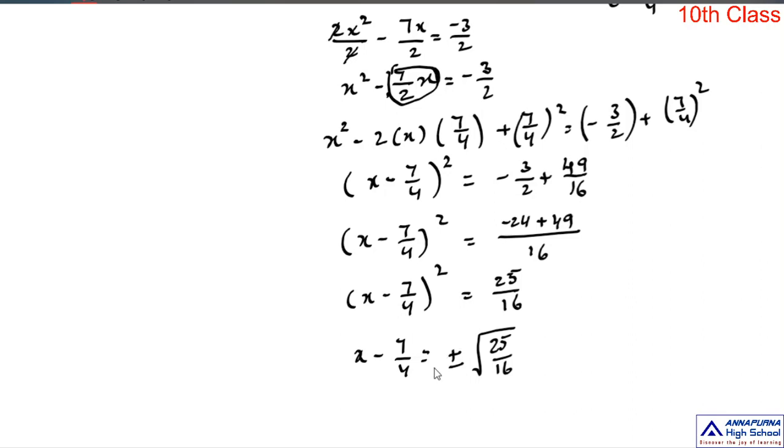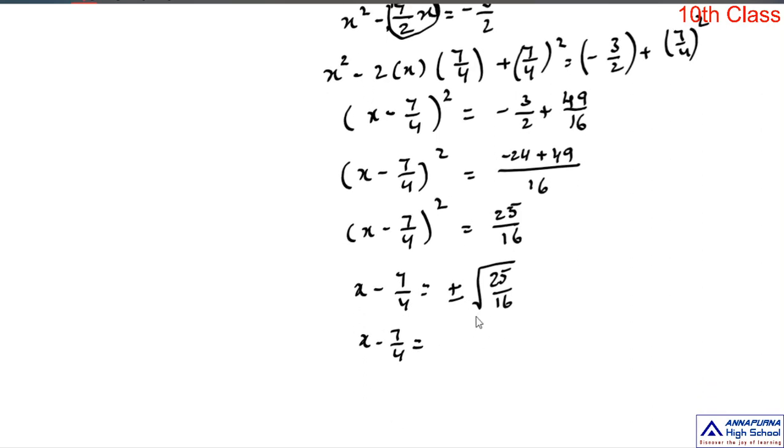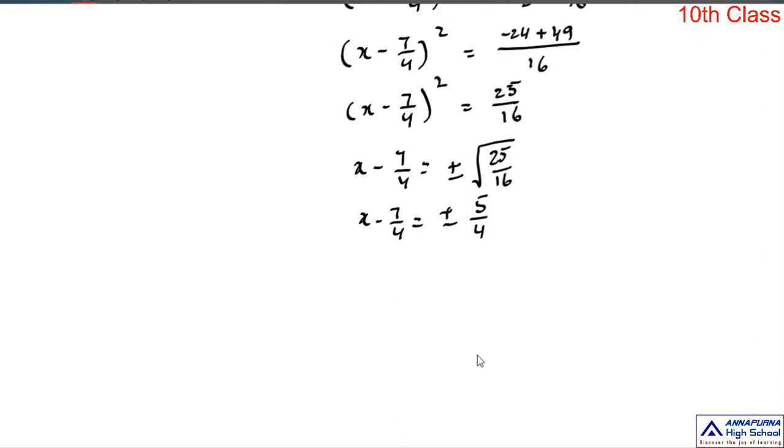One is positive, another one is negative, and we present that like this, plus or minus. So x minus 7 by 4 is equal to plus or minus, root 25 value 5, by root 16 value 4. That means x minus 7 by 4 is equal to plus or minus 5 by 4.